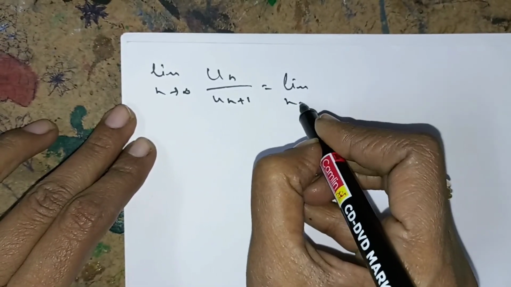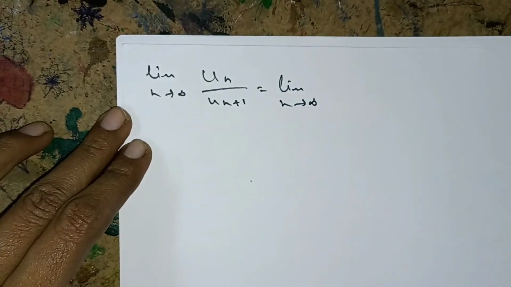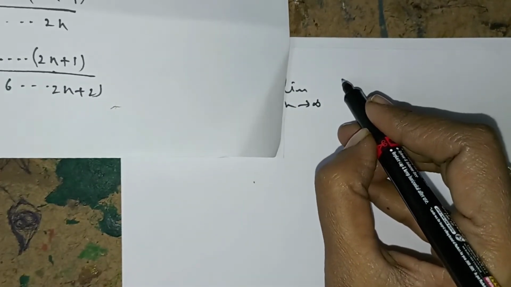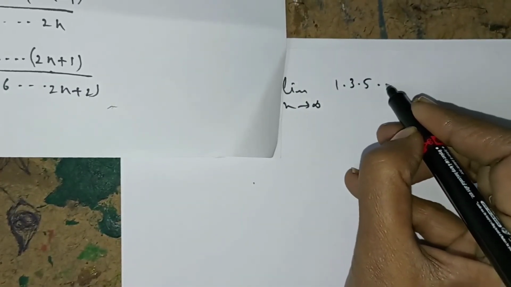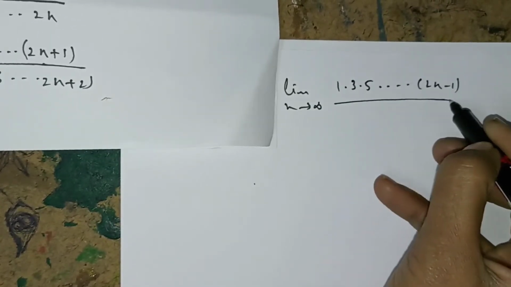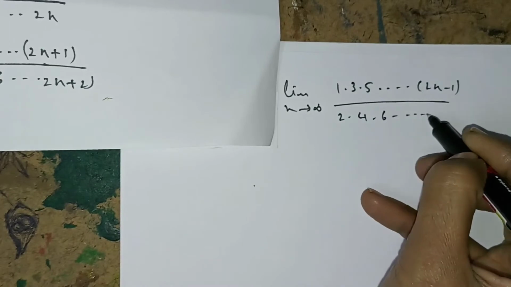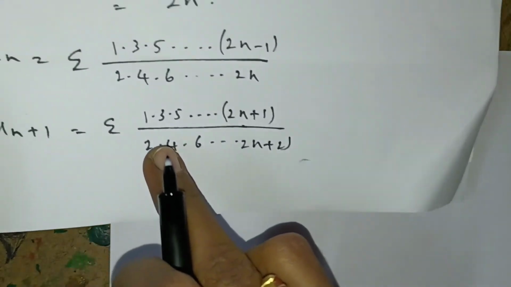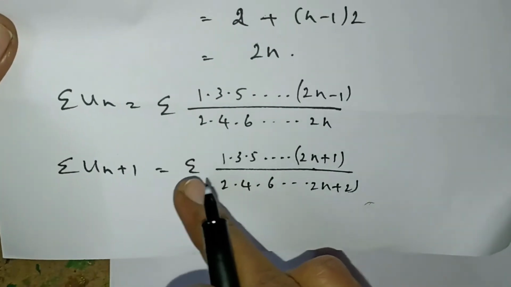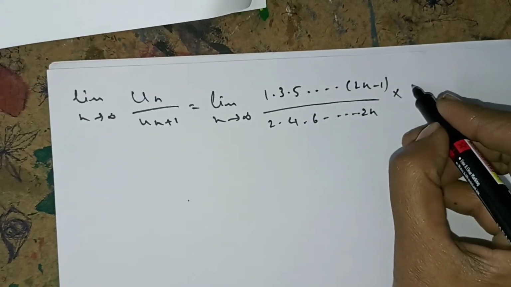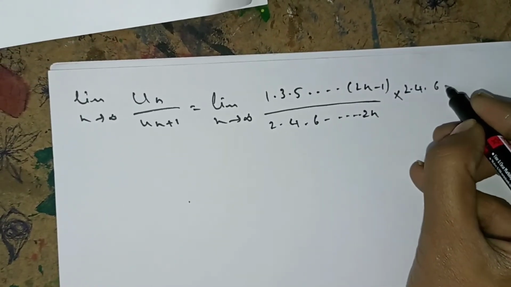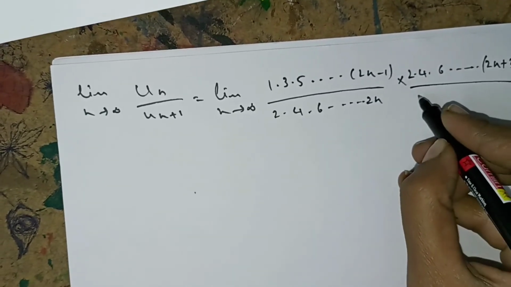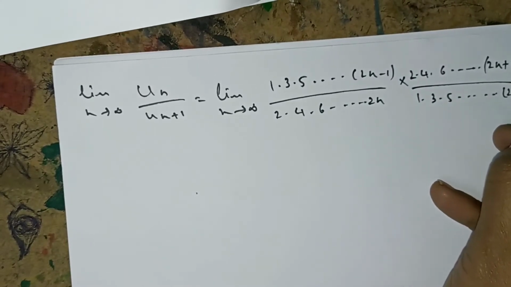Here un is 1 into 3 into 5 and so on up to 2n minus 1, by 2 into 4 into 6 and so on up to 2n. For un by un plus 1, the denominator part gets reversed. Therefore we get 2 into 4 into 6 and so on up to 2n plus 2, by 1 into 3 into 5 and so on up to 2n plus 1.